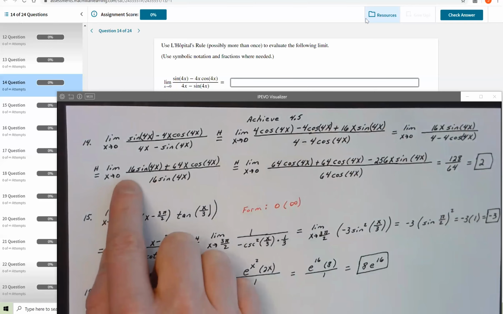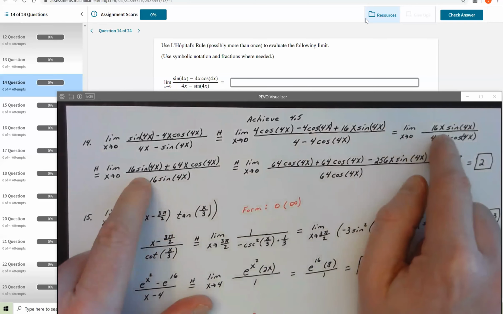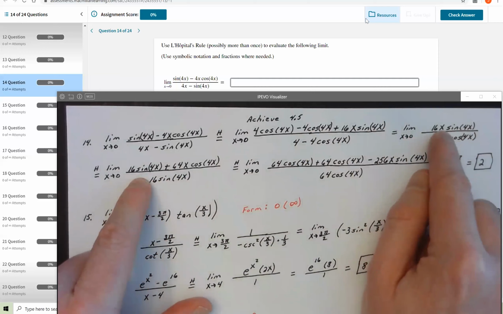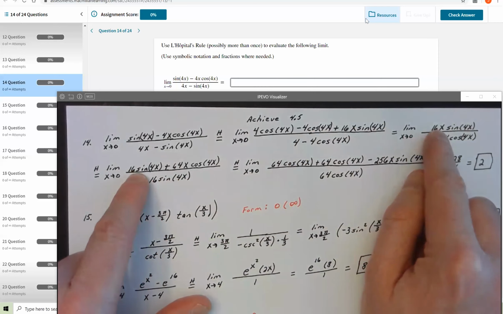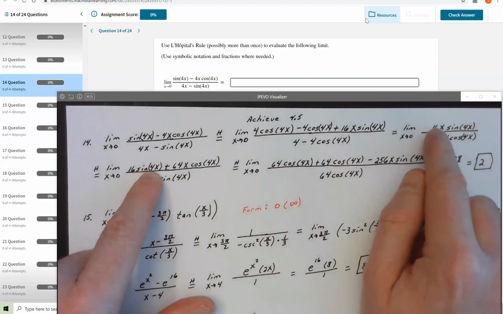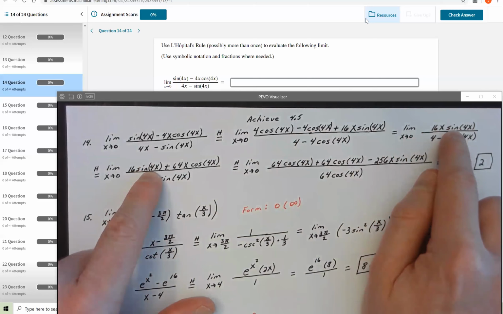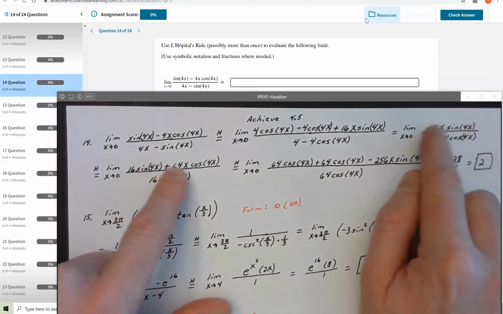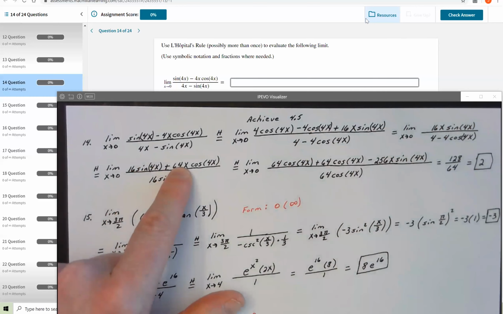But now I do need to use L'Hopital. So I'll say, well, the derivative of this numerator, once again, you need to use the product rule. I said derivative of the first is 16 times the second, plus the first, 16x, now times the derivative of the second, which would be the cosine of 4x times 4. That times 4 had to multiply the 16 and give me a 64x cosine of 4x.